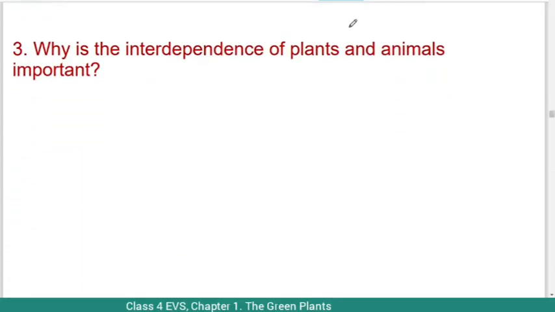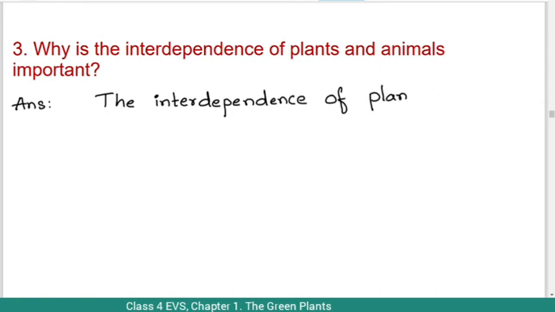Third question, why is the interdependence of plants and animals important? Answer: the interdependence of plants and animals creates a balance in nature.